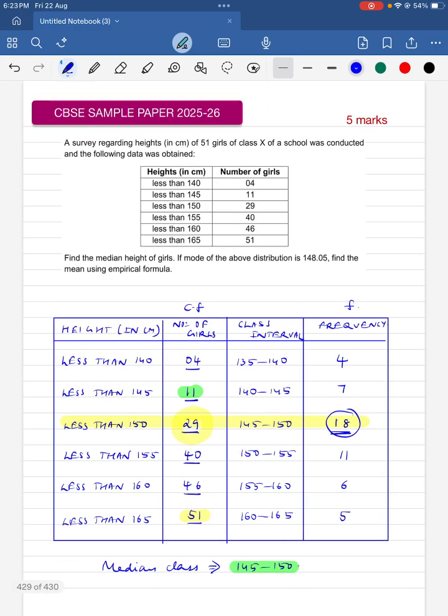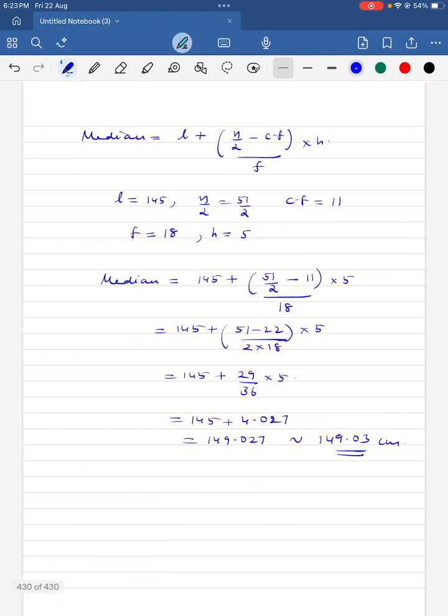Now they've asked you to find one more thing. They've asked you to find the mean using the empirical formula, and they've given you the mode as 148.05. Now the empirical formula is given by 3 times median is equal to mode plus 2 times mean.